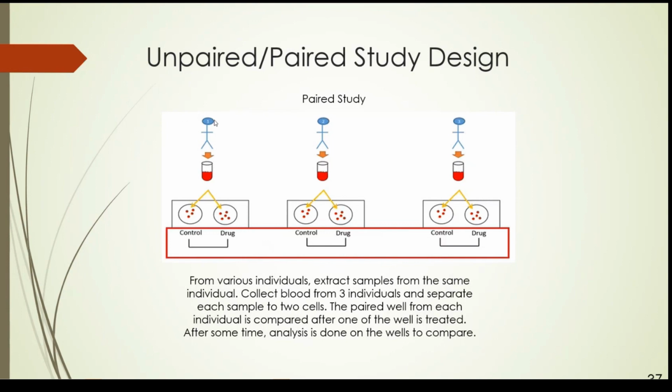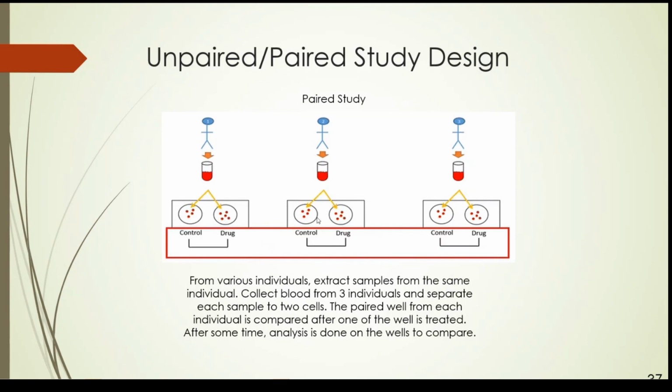Another example of PET study. You see, there are 3 patients. We extract blood from these 3 samples, and from each person, we extract the blood into 2 separate petri dishes or wells. The first petri dish, we don't do anything. The second petri dish, we add some drug to it.